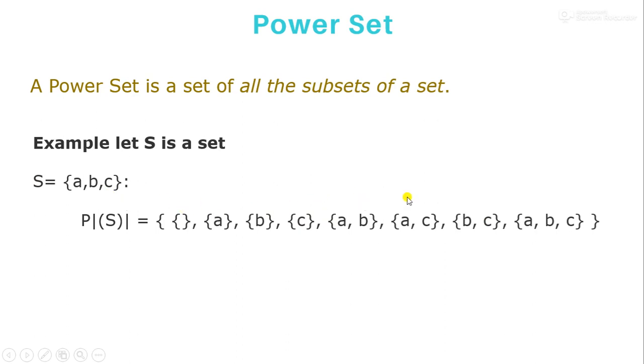These are the list of all possible subsets, and the list of all possible subsets is called the power set, which is denoted using this symbol. So power set is nothing but the set of all subsets of a set. We have 3 elements, and these are the possible subsets using these 3 elements.